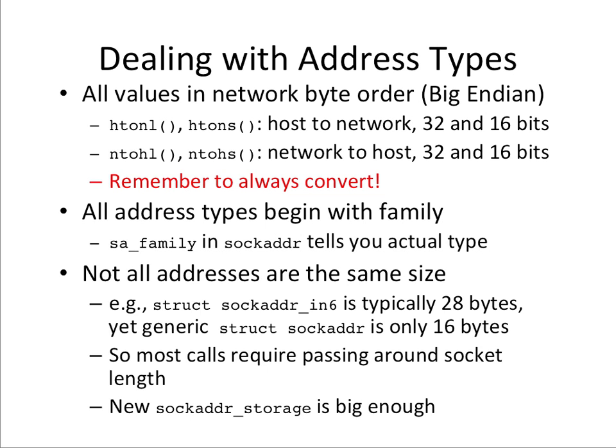Different machines might have different CPUs, different architecture, and they might represent the same number in a different way. For example, let's say I have a 2-byte number, in hex 1, 0. In some machines, you might represent it as 1, 0, and in some other machines as 0, 1.